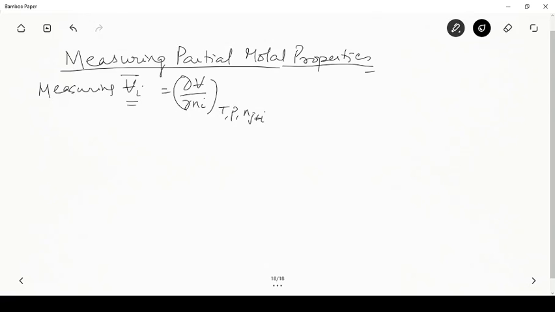So I know its volume. Now I add dni moles of species i, keeping the temperature the same, the pressure the same, and all the other species the same. And now I measure the volume again. So I can measure the change in volume, delta V, for a given delta Ni, with T, P and Nj kept constant.